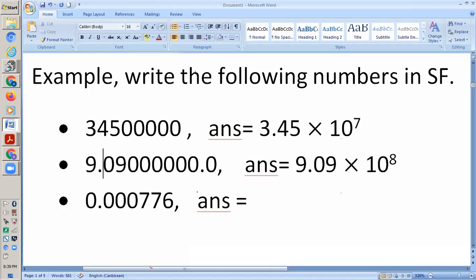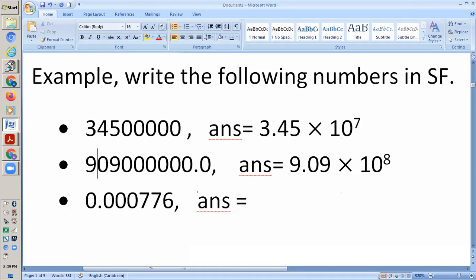You follow? Yes. Could you, sir, use your marker to move the zeros forward instead of using the cursor? Can you use like a pencil or so? All right. You want me to do that? I can do that.